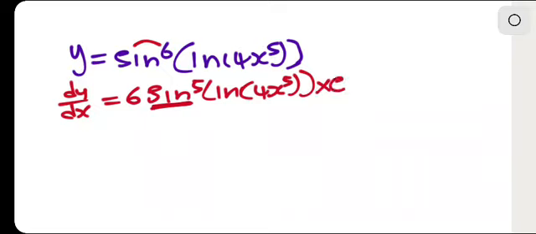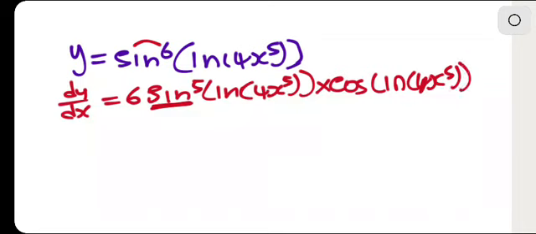Then we have cos of ln of 4x raised to the power of 5, like this, right?